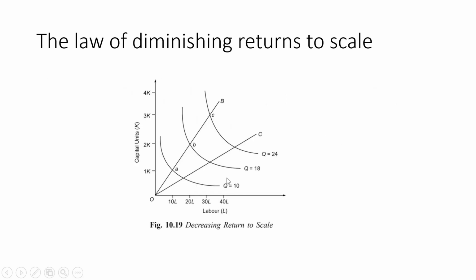After we have doubled this capital and labor, we get an increase in output from 10 to 18 units. This shows that the proportion of increase in the quantity produced when we double the inputs has reduced. So when the inputs are doubled and the output is less than doubled, we are seeing decreasing returns to scale.